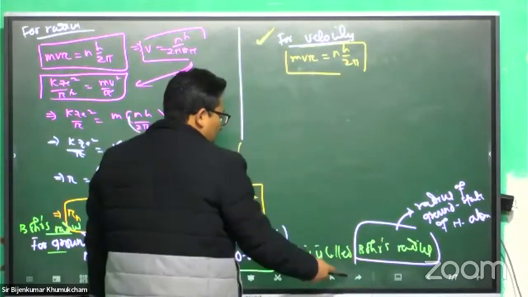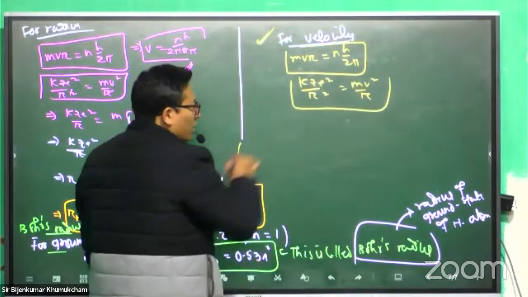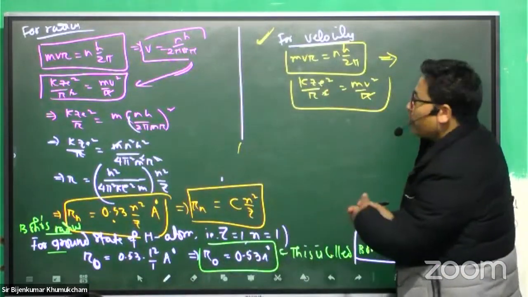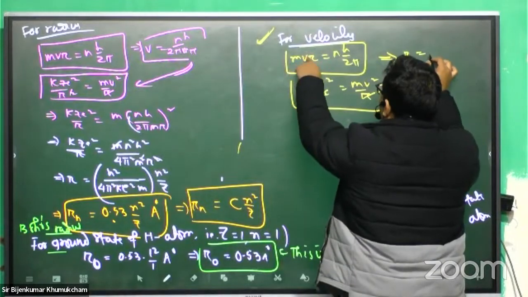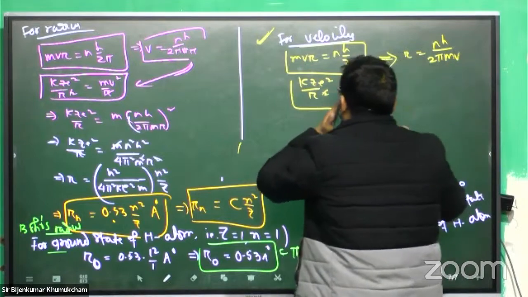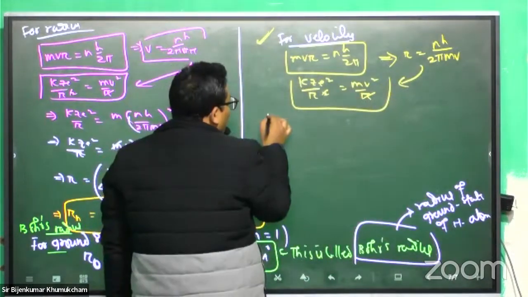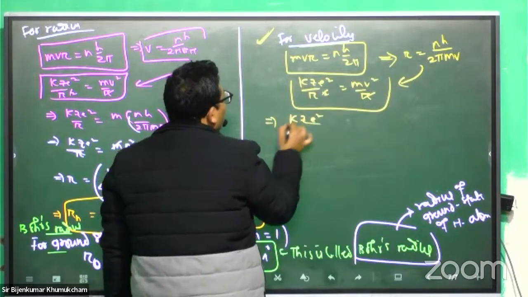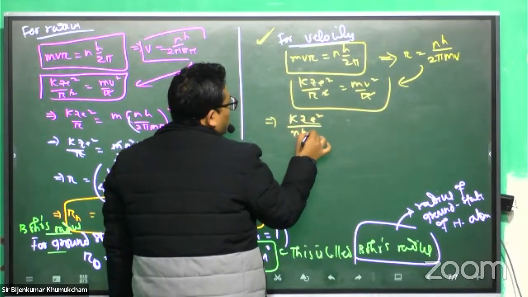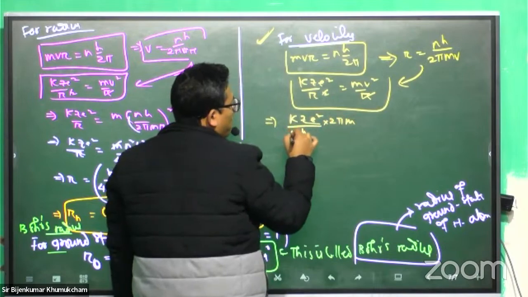Here, I have r equals r e raised... r equals n h by 2 pi m v. So k Z e square divided by r square, where r is n h by 2 pi m v.